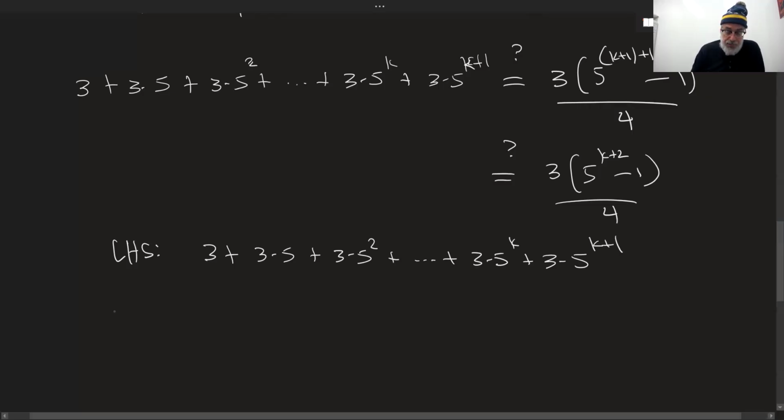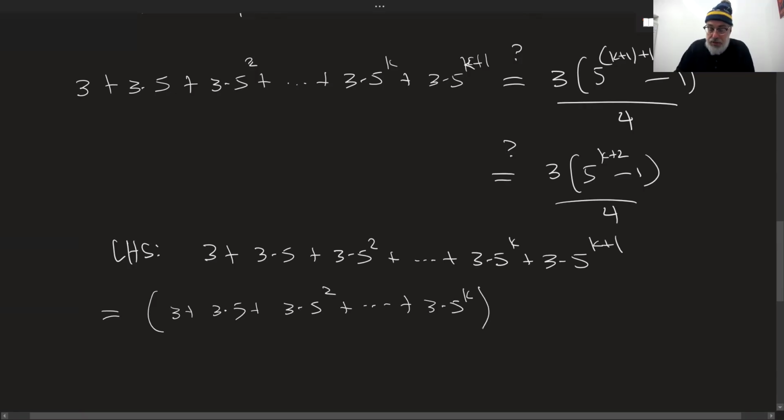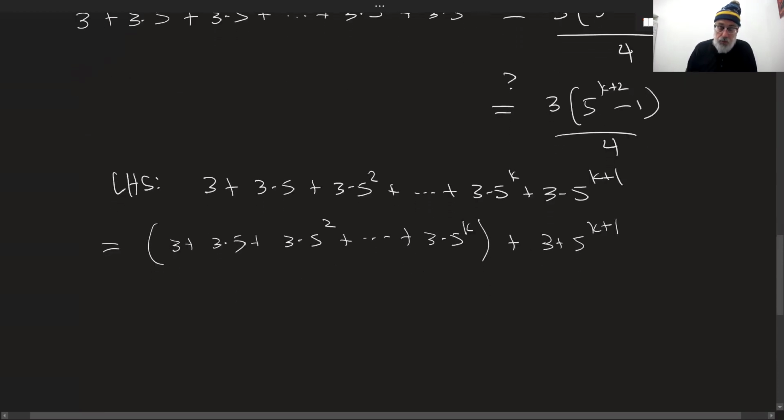So the first thing I'm going to do, which might seem a little tedious as far as writing, is just group the first k terms, and I'm going to leave the last term over here by itself. The reason is because this is the induction hypothesis.